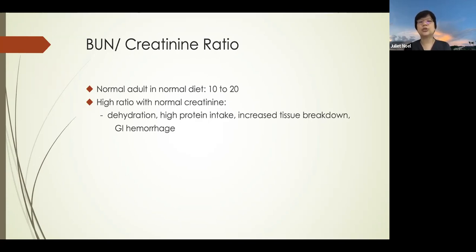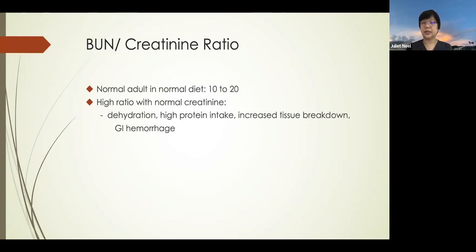So it could also be seen in patients who are taking high protein intake. So patients who are doing bodybuilding, who are loading themselves with a high protein diet, would have a high ratio of BUN and creatinine. There's increased tissue breakdown, and also in GI hemorrhage, no?